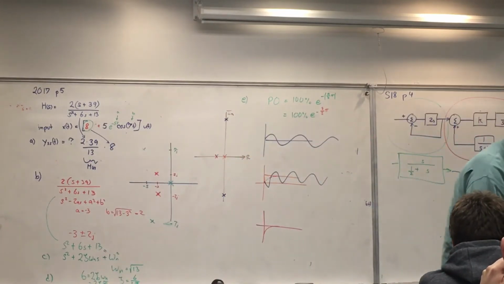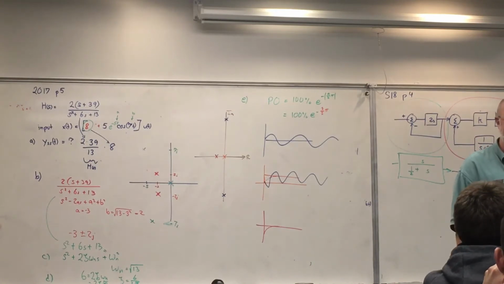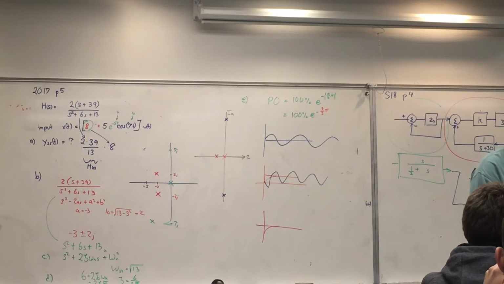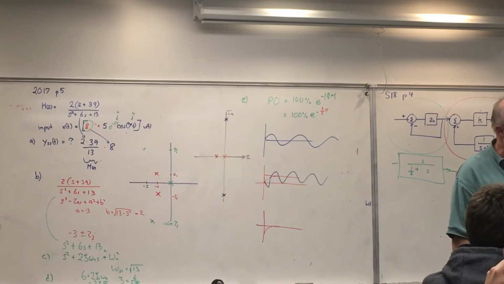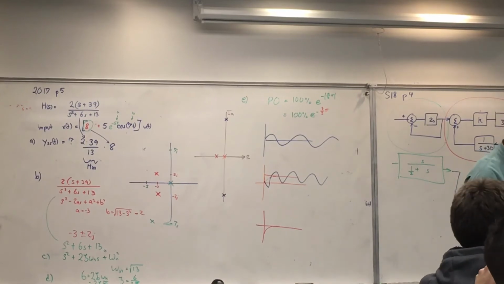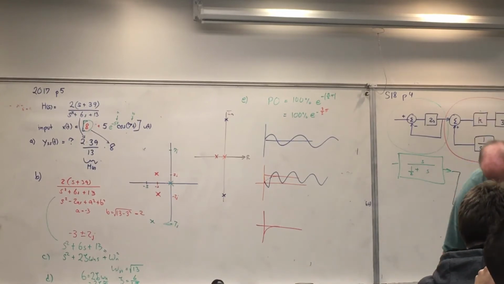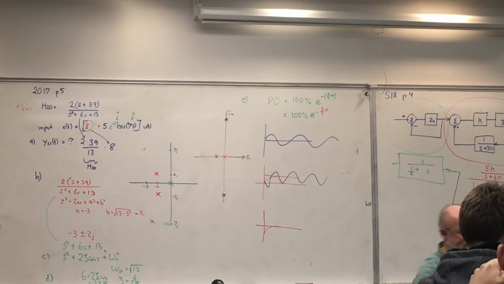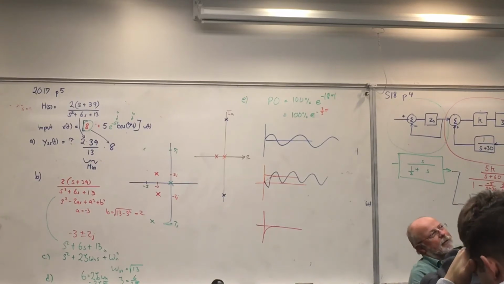The truth is, in these, often it's best to look at this and figure out what the poles have to be, because that's actually a little easier. But is there anything here that looks even remotely like that? Yeah, that one right there does, doesn't it? A sine will only have a pole in decay if it's imaginary and not on the origin. Yeah, I know what you mean, but you didn't say it right.